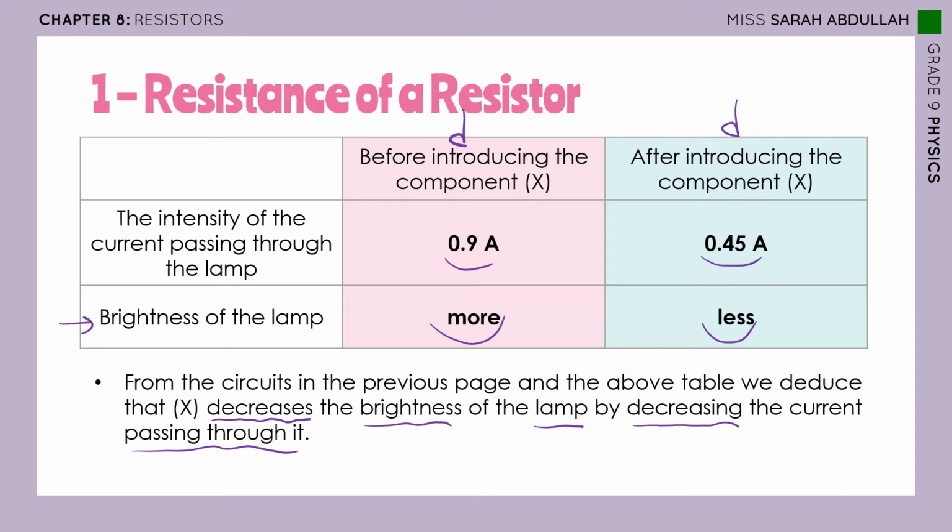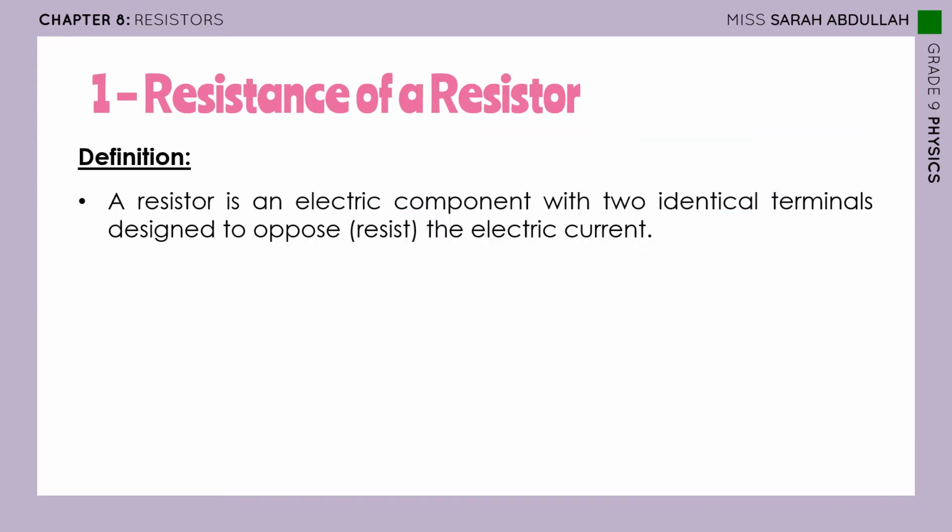This X that we're talking about is actually called a resistor. So what is a resistor? From the name of it, resist. It resists the electric current in the circuit. This is why, when the resistor is introduced, the electric current decreases.